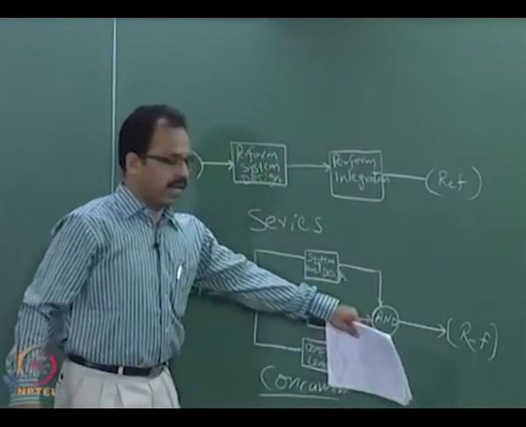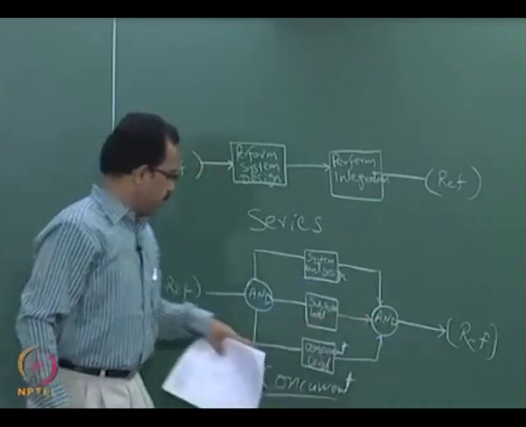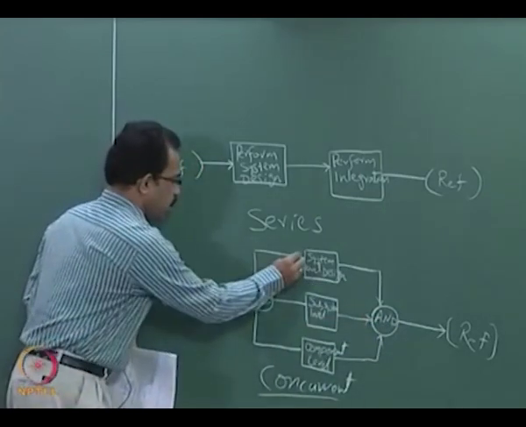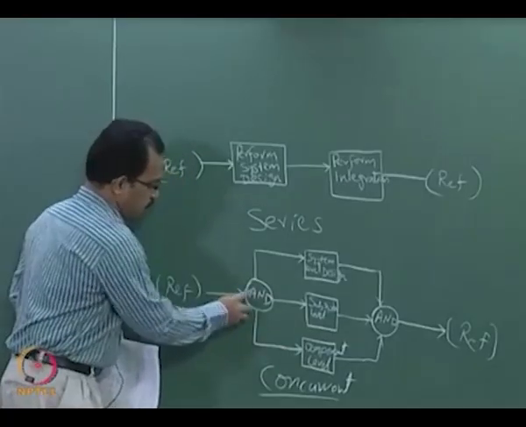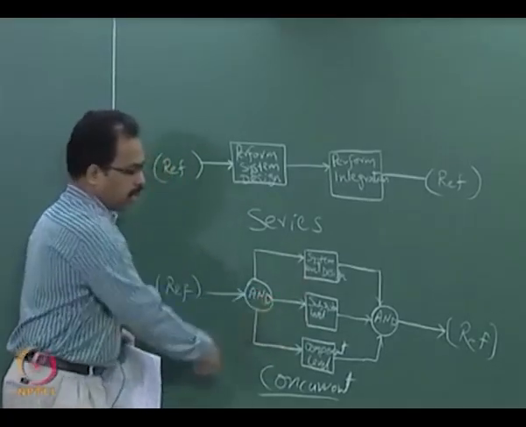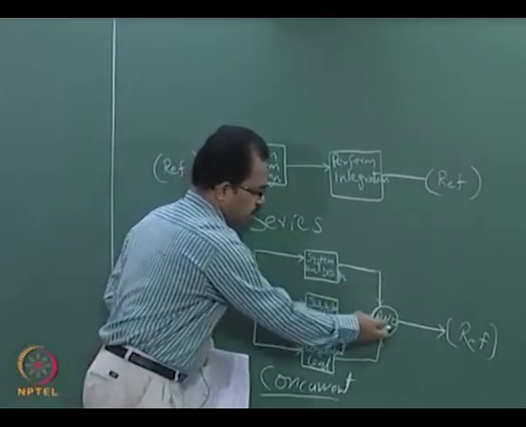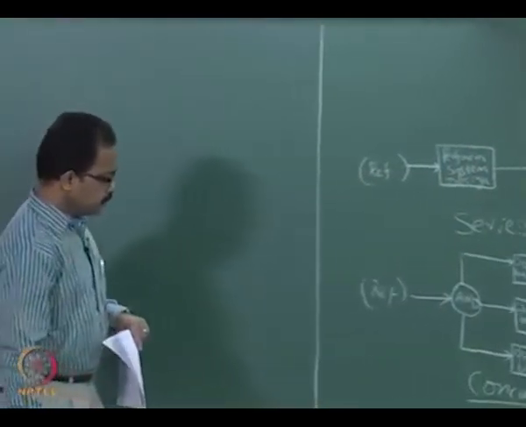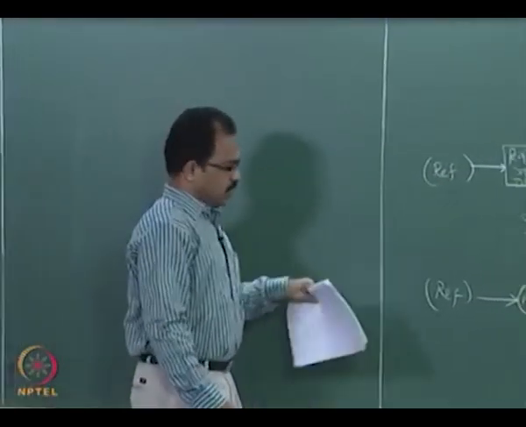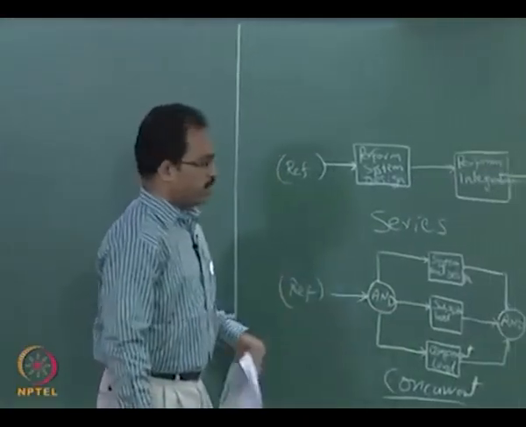This AND represents that all this will happen at the same time. So when this input is coming, all the three outputs will go concurrently, and all these three inputs should be there for the next function to execute. That is the concurrent behavior of the system.